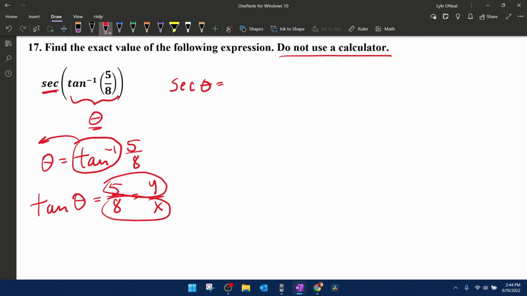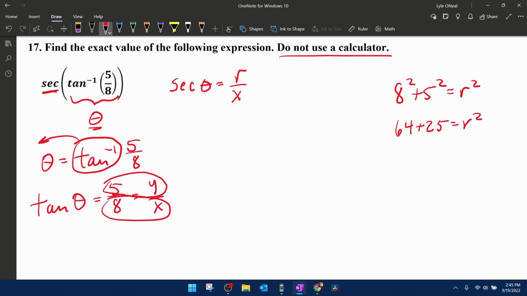Secant of theta is, well, let's see, secant is the reciprocal of cosine. So if cosine is x over r, this would be r over x. I'm going to need to find r. So using the Pythagorean theorem, we know that x squared plus y squared equals r squared. That's going to be 64 plus 25 equals r squared.